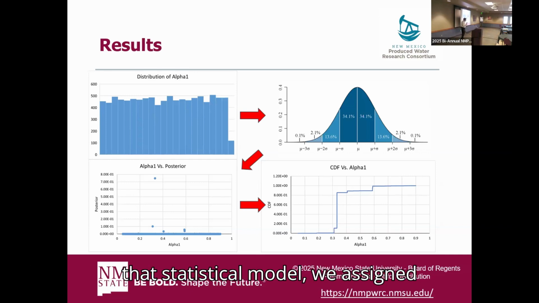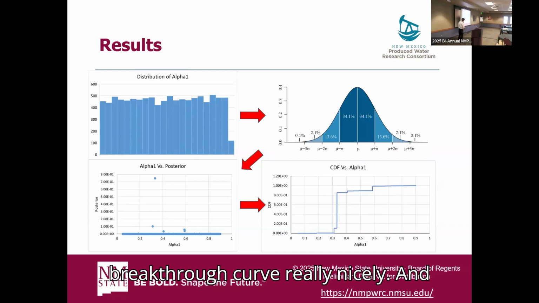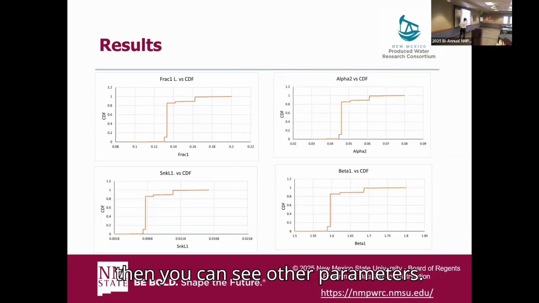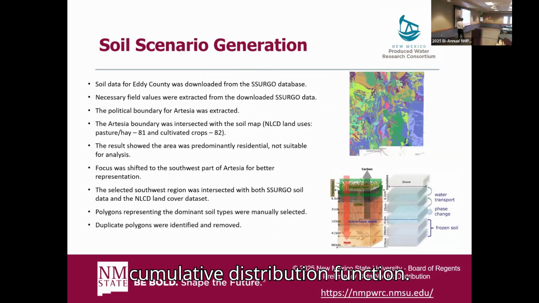And based on that statistical model, we assign likelihood to produce this cumulative distribution function that goes from 0 to 1. And you see this spike. The spike means this parameter value is really good. It can reproduce the breakthrough curve really nicely. And then you can see the other parameters' cumulative distribution functions.